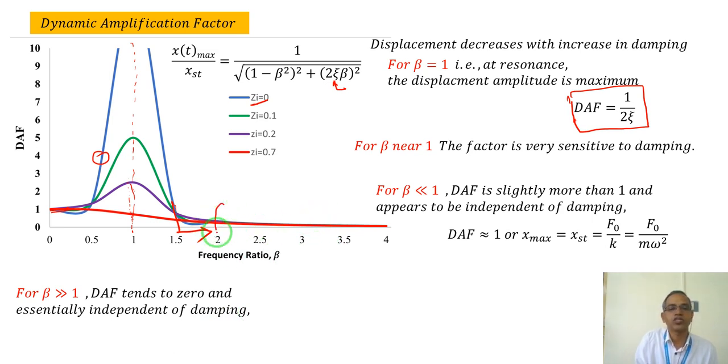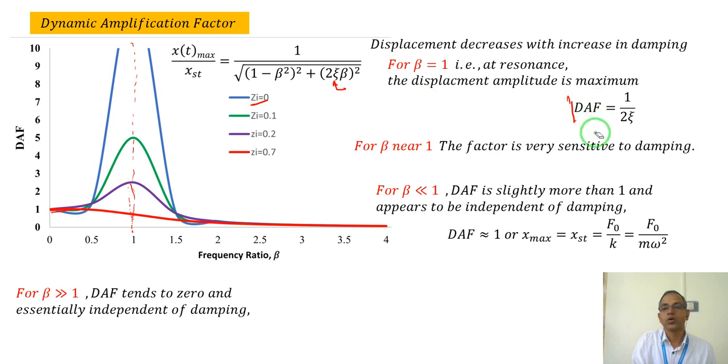So whether your system has damping or not having damping, it has no meaning. So no need to struggle hard to induce damping when you are working with a frequency ratio more than 2. If the frequency ratio is more than 2, you don't have to worry about inducing damping in the system.